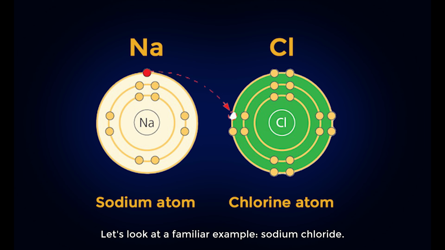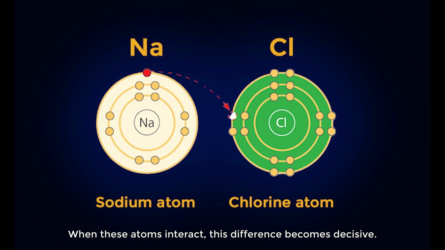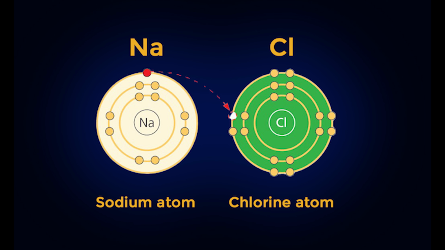Let's look at a familiar example, sodium chloride. Sodium and chlorine don't attract electrons equally. In fact, chlorine has a significantly higher electronegativity, meaning it pulls on electrons far more strongly than sodium does. When these atoms interact, this difference becomes decisive. The single valence electron from sodium is pulled strongly toward chlorine.